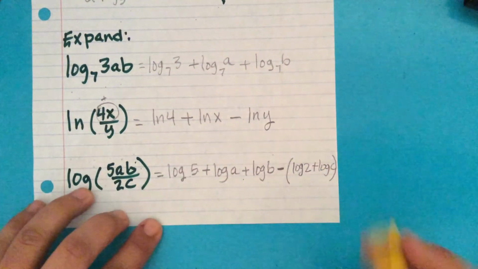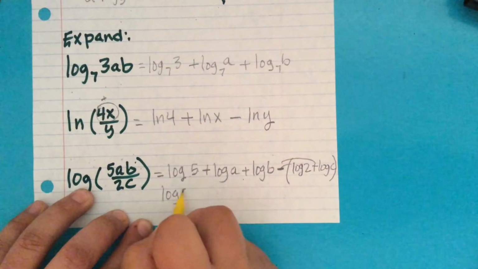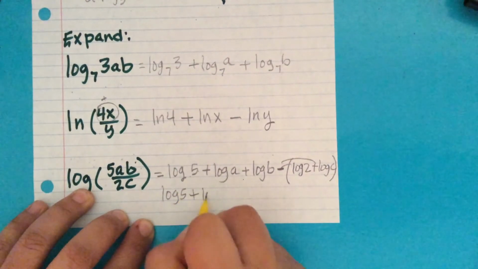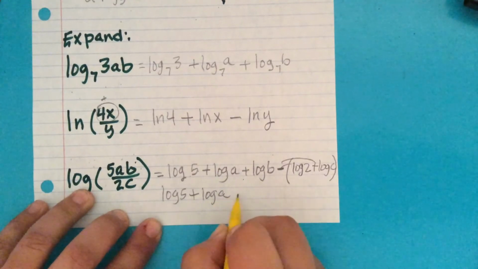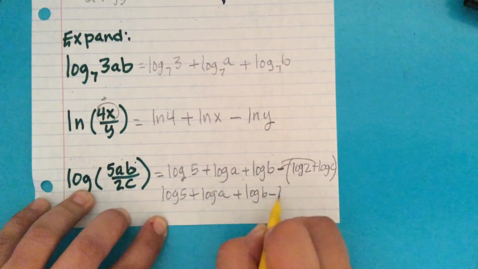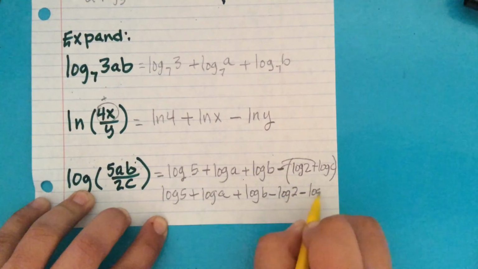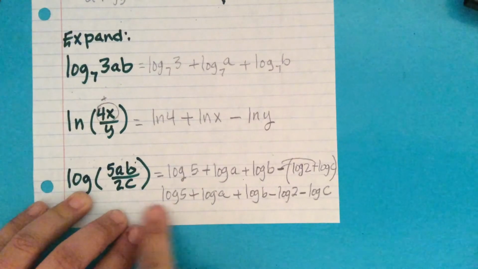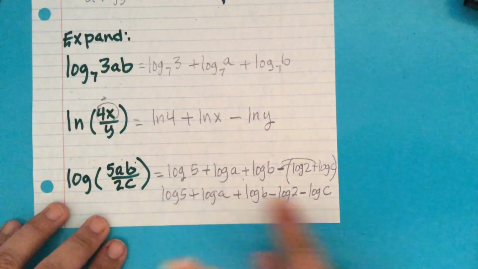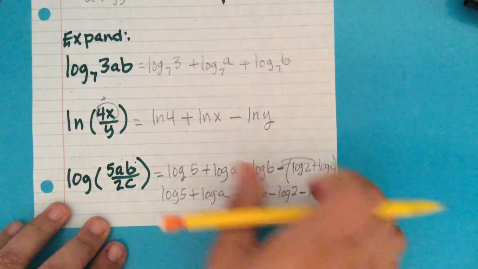And then you have to distribute the minus into both of these. So log of 5 plus log of a plus log of b minus log of 2 minus log of c. Okay, so look at how much bigger this expanded form is. This is one logarithm. Look at how many logarithms right there.